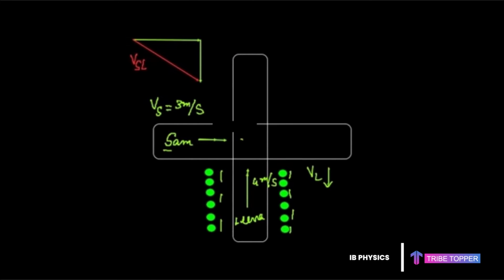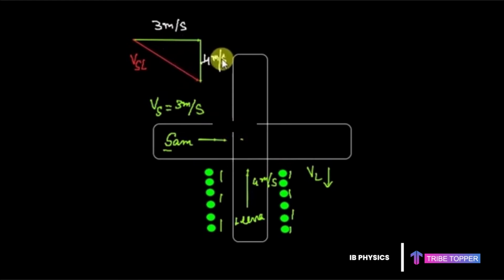So if we look at it, we find that Vs, which was 3 meters per second towards right, and the velocity of Lena individually was 4 meters per second upwards, but we have taken the negative side of it, that's downwards, as -4, and VSL gives me the velocity of Sam with respect to Lena, because that is from the perspective of Lena, because he's not just going to the right, he's also coming towards her.